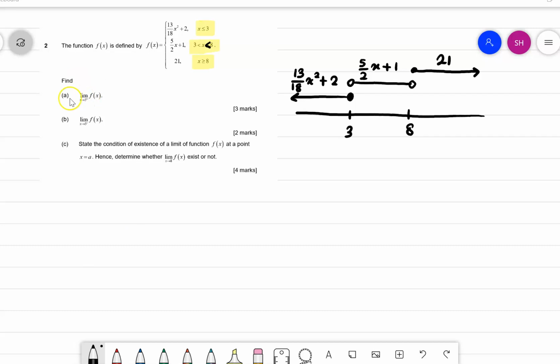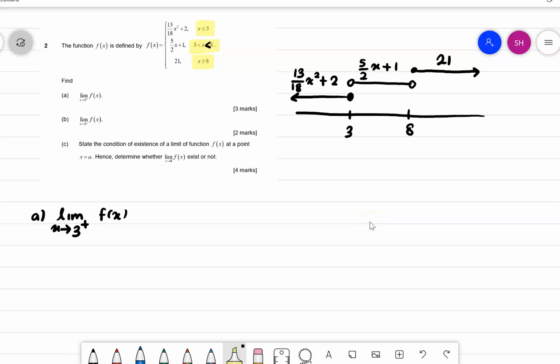And for the first question, the question asks to find the limit of f(x) as x approaching 3 from right. Okay, limit of f(x) as x approach 3 from right. So based on the number line, 3 from right is here.